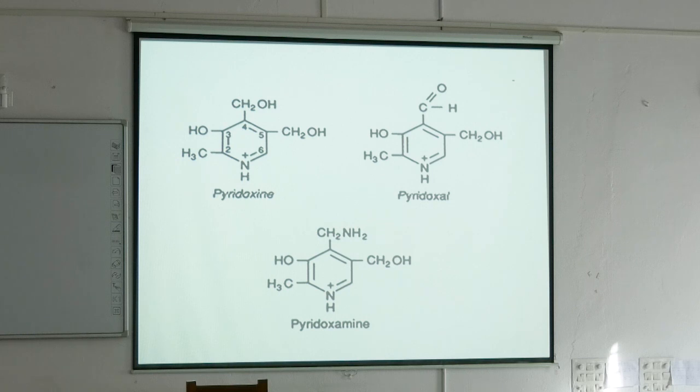In olden days there was a name, Palpo, P-A-L-P-O, for pyridoxal phosphate. This name was coined or used mostly by Indian, or rather Bengali, scientists involved in research work on pyridoxine.